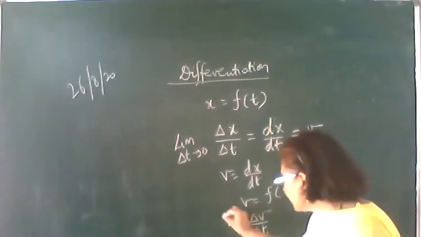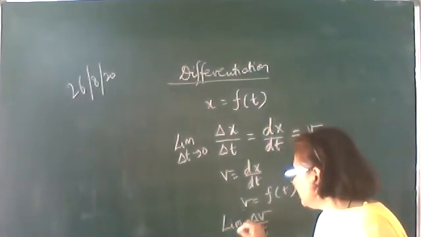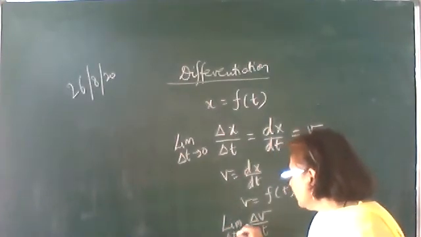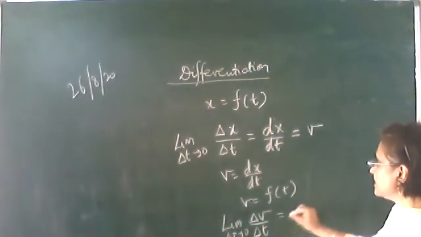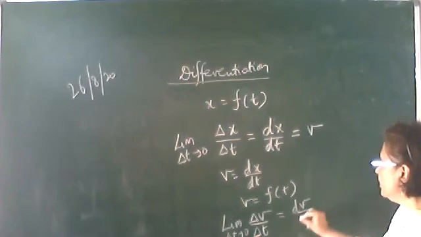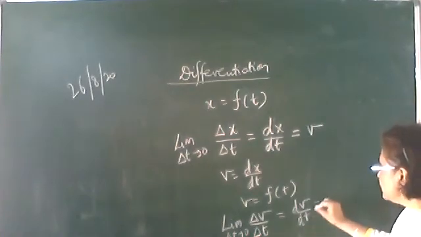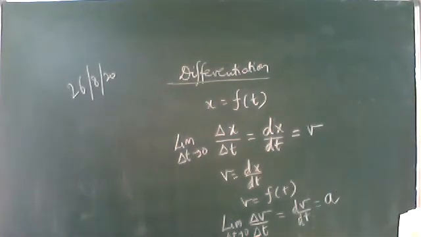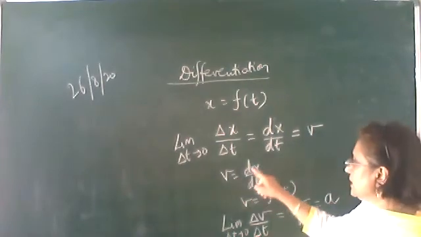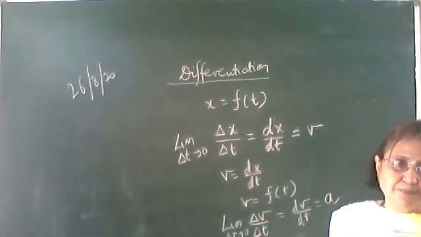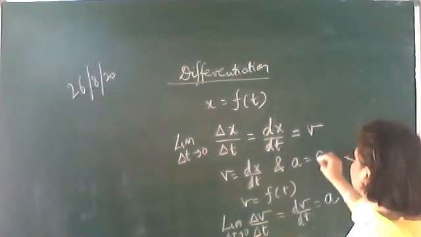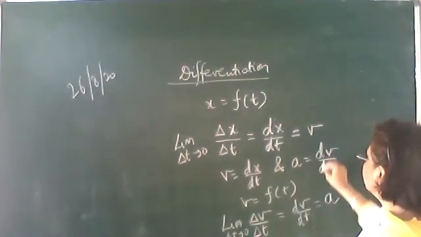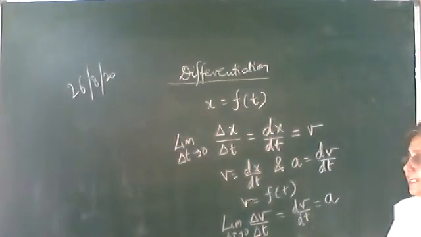If the time interval tends to 0, this can be written as dv upon dt, and this we call acceleration. So velocity is the differentiation of the displacement with respect to time, and acceleration is dv upon dt, the differentiation of velocity with respect to time.